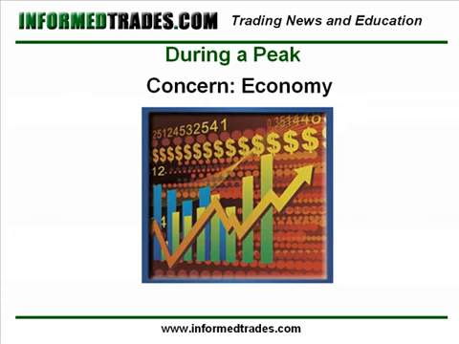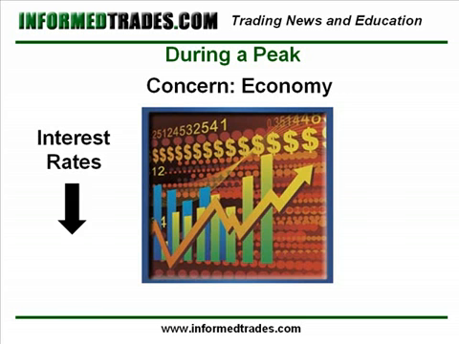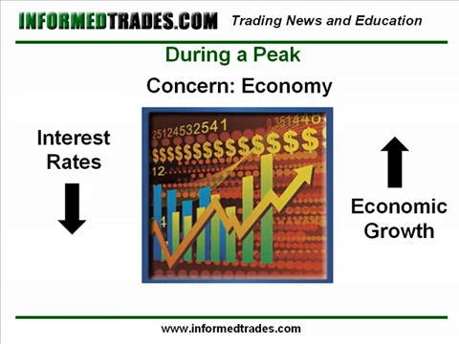With this in mind, during a potential peak in the business cycle, you will normally see the Fed increase the money supply to try and bolster demand, which means decreases in the Fed funds rate. As we've learned in previous lessons, decreases in interest rates means higher economic growth, which means stock market rallies, all else being equal.